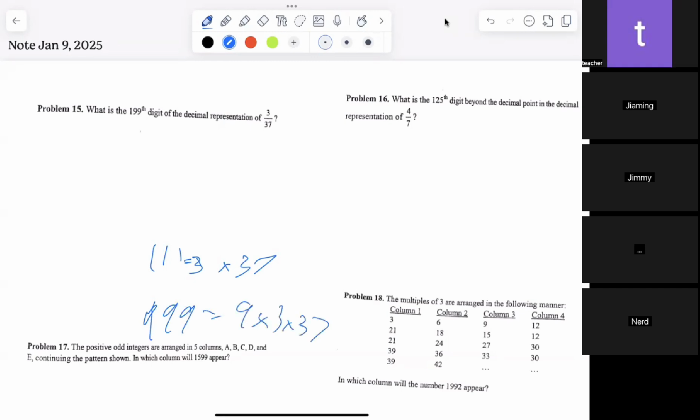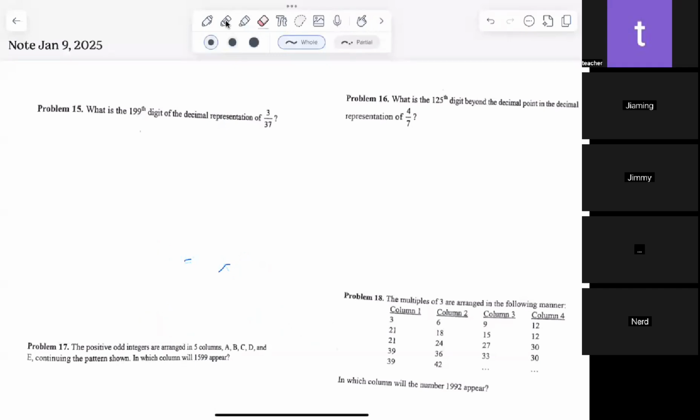There's a trick to finding repeating decimals, but first, notice the 37. 9 times 3 times 37 is equal to 999, which is a good thing because then it repeats. We just need to multiply by 9 times 3.